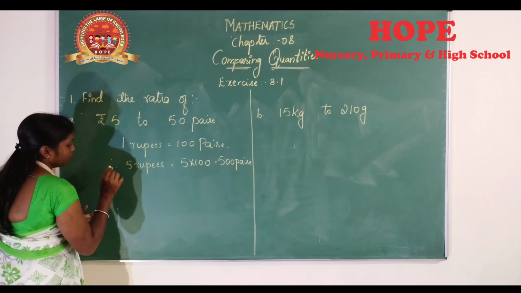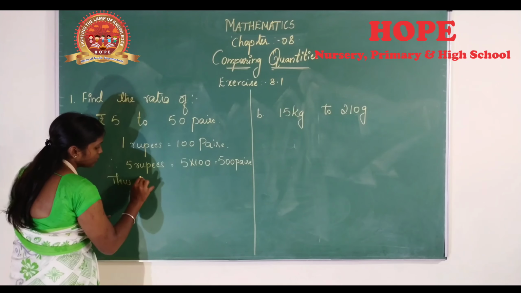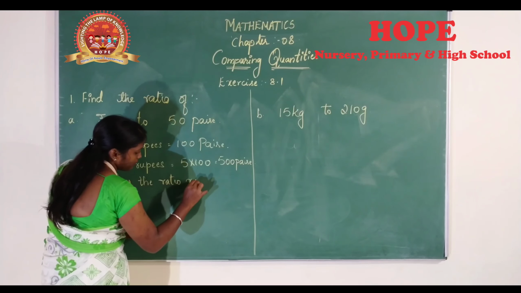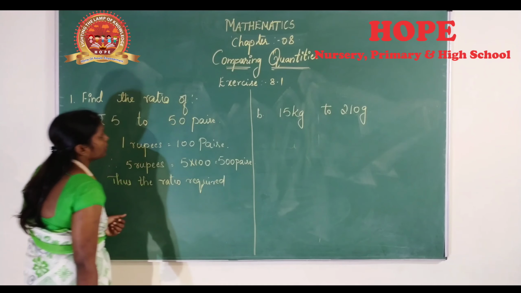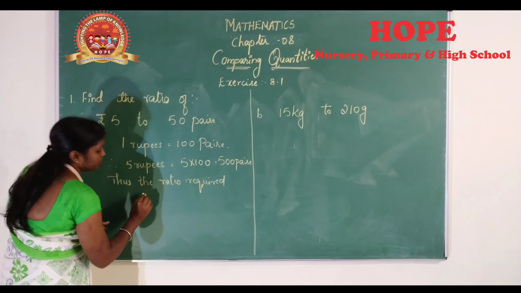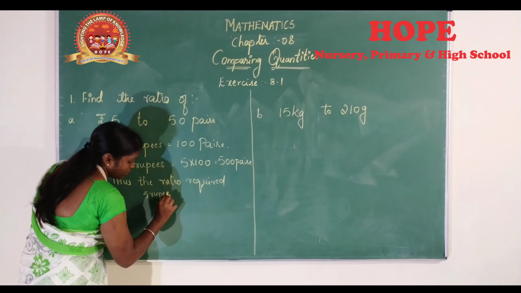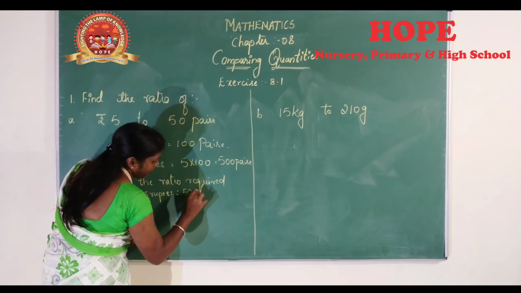So we have to find the ratio. The ratio required is 5 rupees to 50 paise.